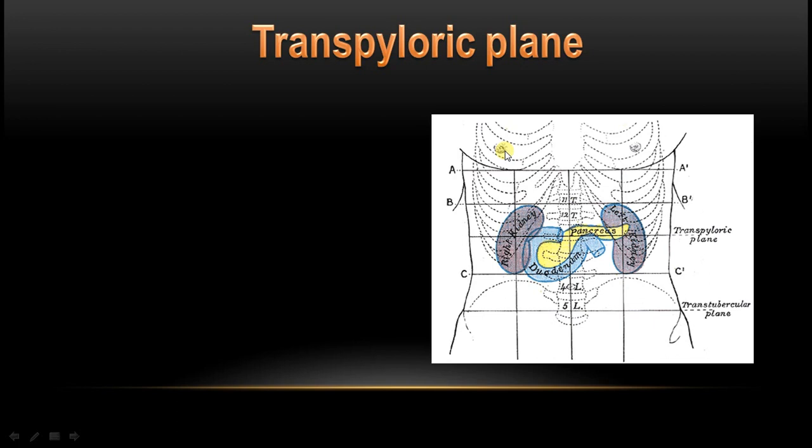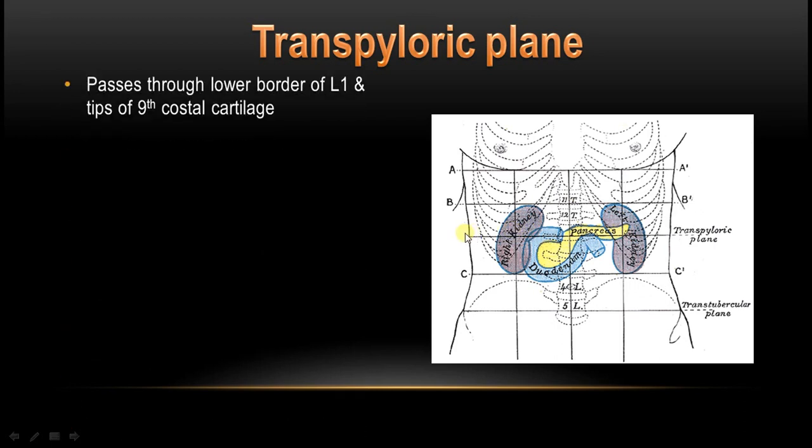Now, we will discuss a little bit about the transpyloric plane. Why is it called the transpyloric plane? Because it passes around the pylorus of the stomach and it lies at the level of L1, the first lumbar vertebra, and crosses the tip of the 9th costal cartilage.